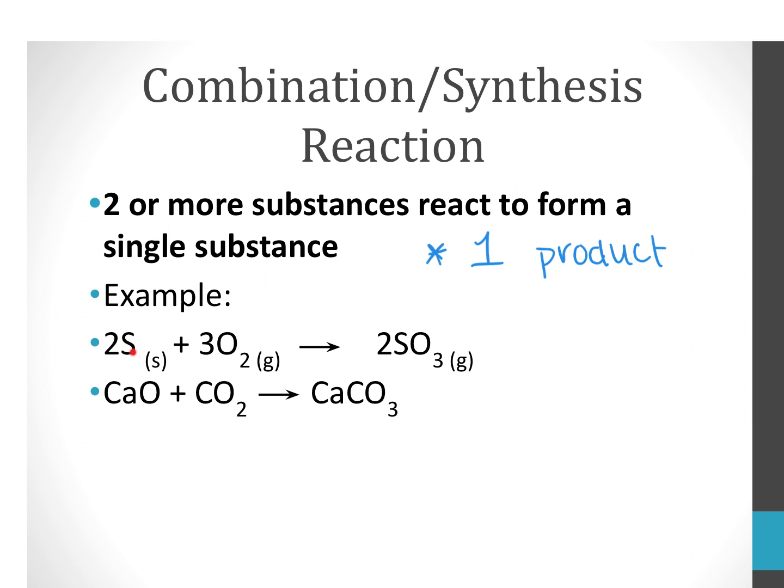So you could have sulfur plus oxygen, and it gives you sulfur trioxide. Or another example is calcium oxide plus carbon dioxide makes calcium carbonate. So in both of these examples, do you see how there's multiple reactants? And then how many products are there? Just one. Okay, one product every time.